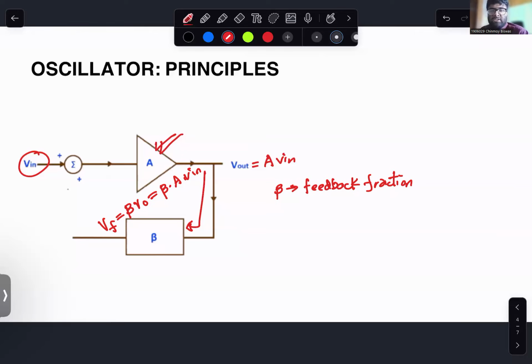Now, if the phase shift that is introduced by this amplifier and the feedback circuit is equal to 0, in that case, the feedback signal will be in phase with the input signal. Now, let's say this feedback signal is getting added to this input signal, and at the same time, the input signal is removed from the circuit.